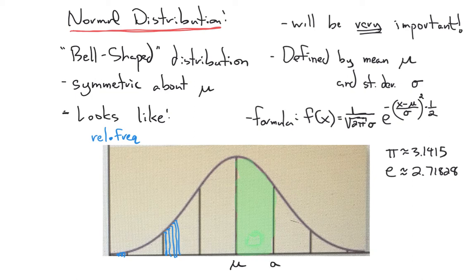Then the area here represents the probability that a random variable, let's call it random variable x, is between mu and a. So that's how we're thinking of this graph for the normal distribution. And so we're going to explore what that means in the coming slides.